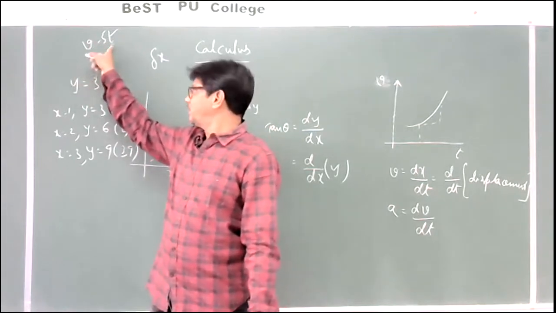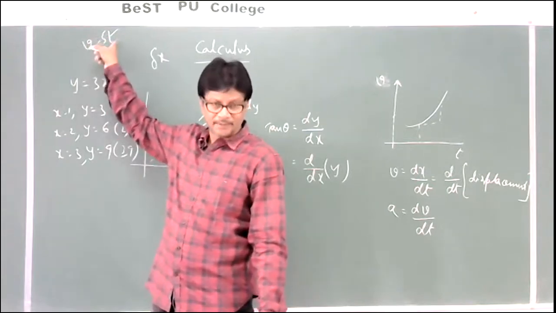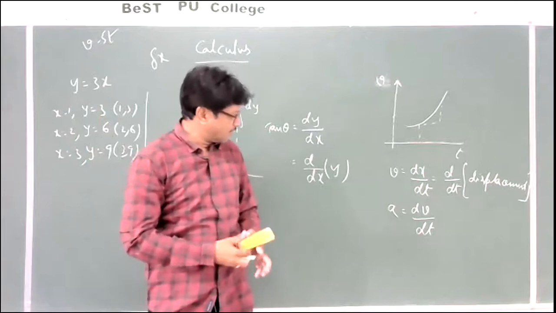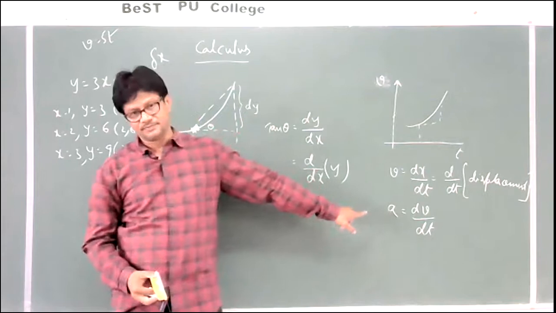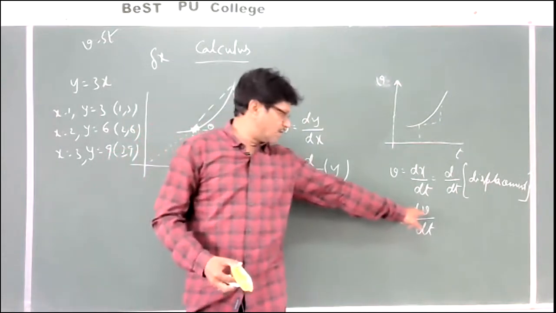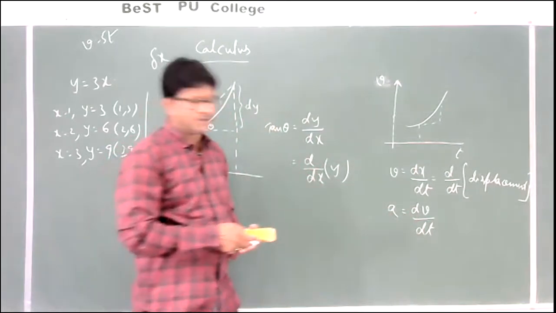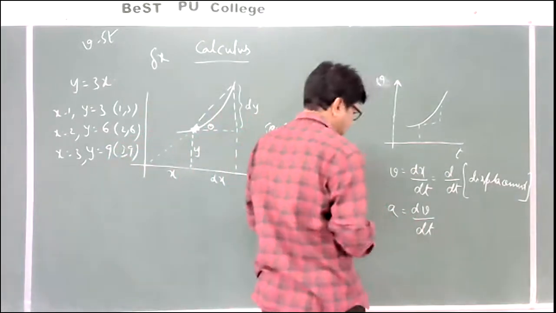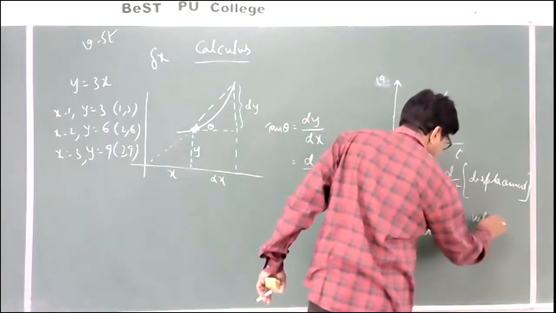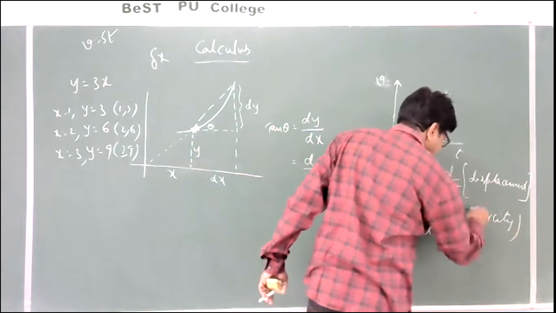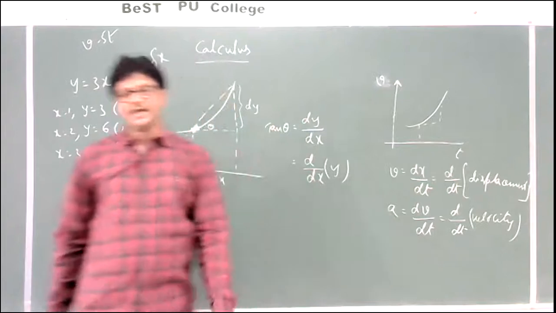As the t value varies, the velocity will also vary. So if you differentiate the velocity with respect to time, we'll get the acceleration. That is d by dt of velocity.